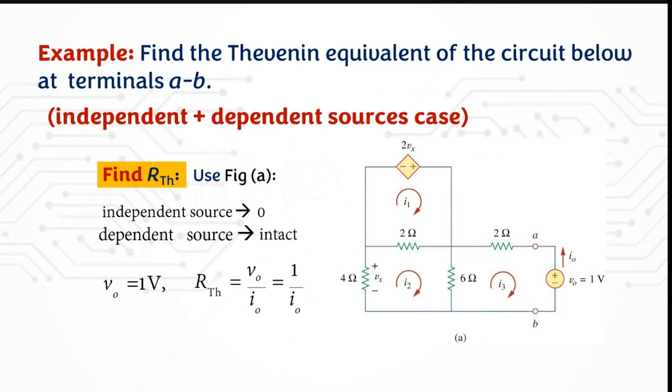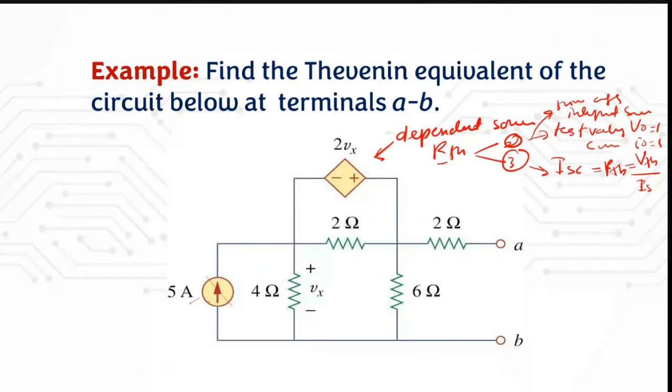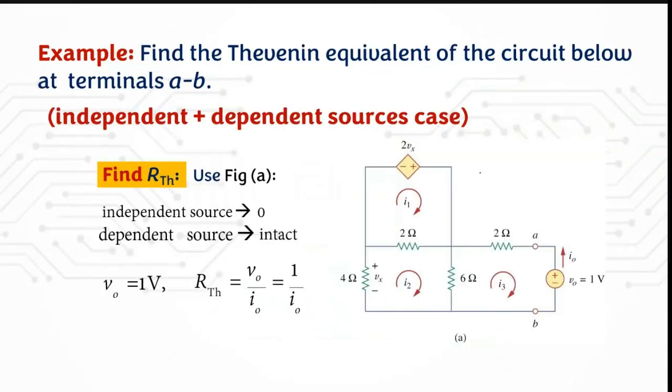You notice that we turn off the 5 ampere source, and then at the port here we put the test voltage, which is equal to 1, and then we need to find the value for I naught, because we know that RTH is equal to V naught over I naught, where V naught here is 1. Then you can get the value for your RTH.